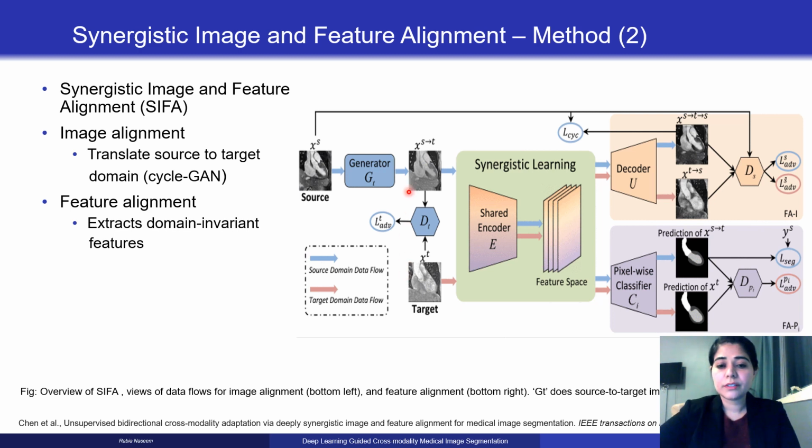The reason for doing this conversion or translation was to make sure, or at least to minimize, the feature differences that could come up because of the different nature of source and target domain. In this case as well, GANs were used.